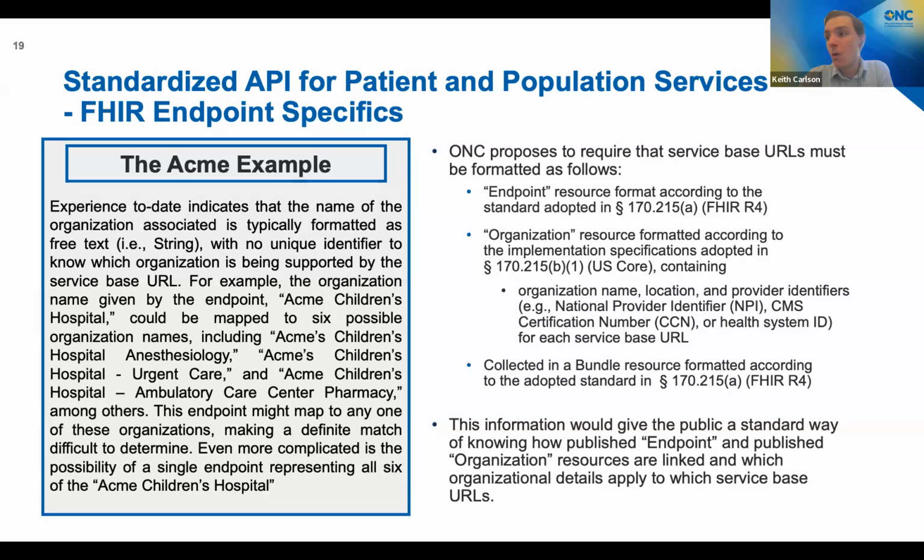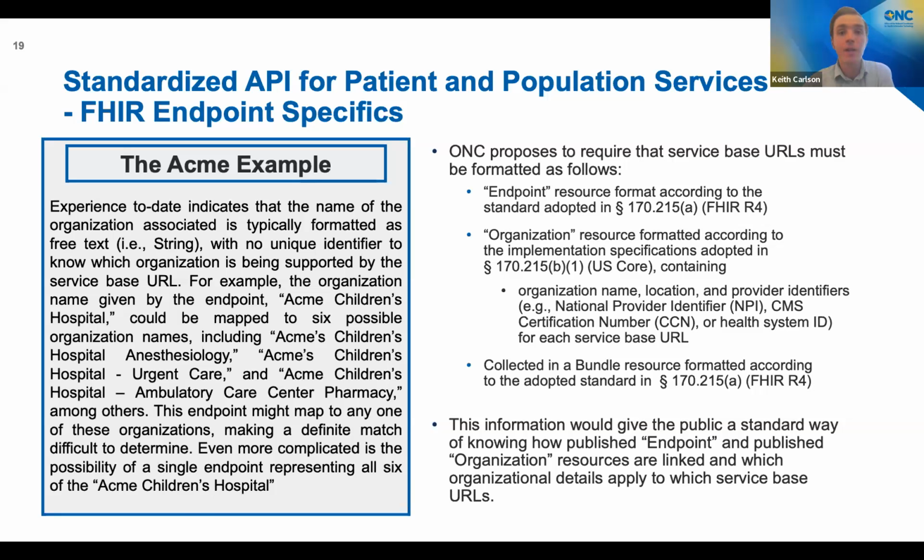And a service-based URL that says something like acme.org/FHIR/R4, it's not going to be clear if that one URL references all the sub-organizations. Maybe they publish a bunch of URLs with different IDs for these sub-organizations, but it certainly won't be clear to a developer trying to take that endpoint and map it to a real world organization.